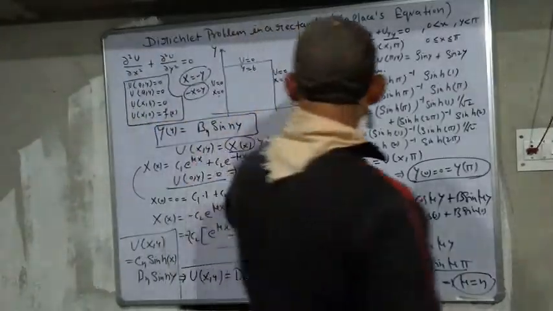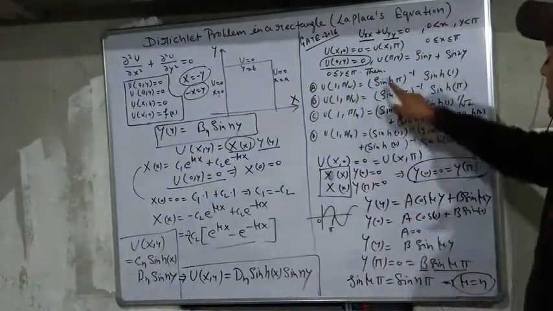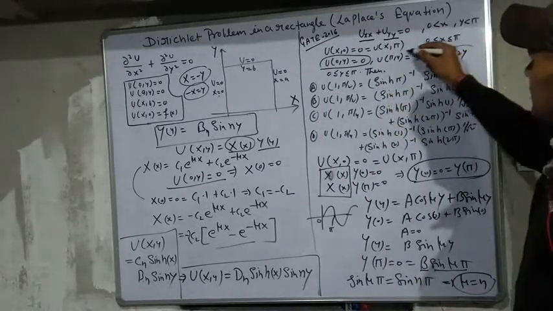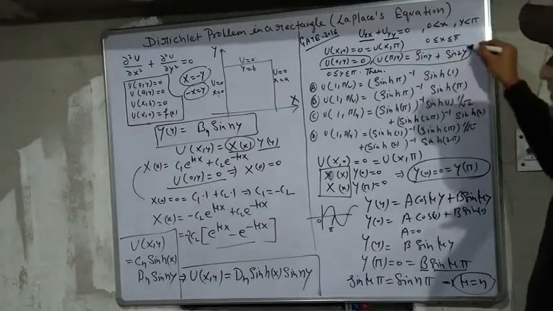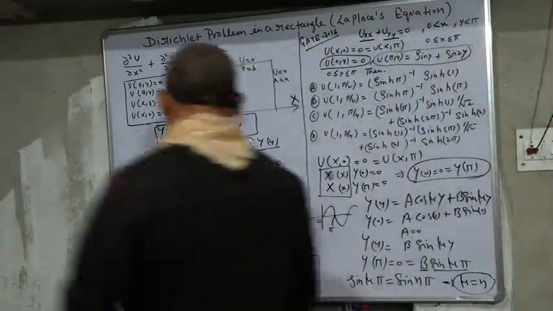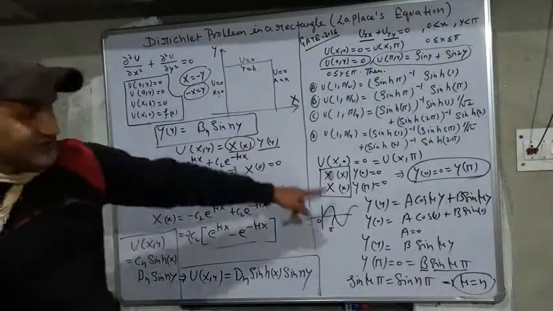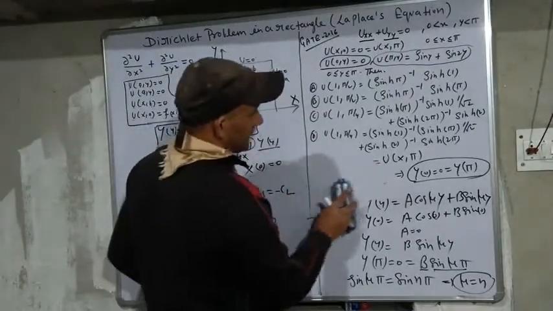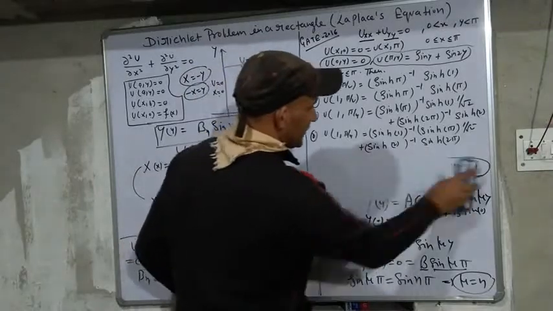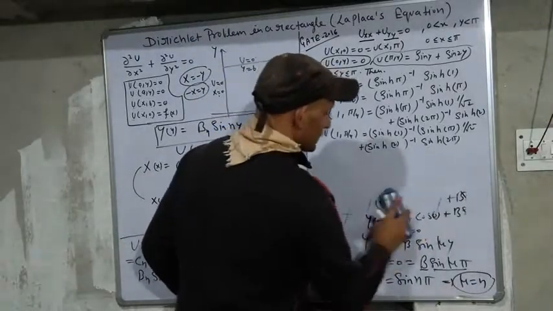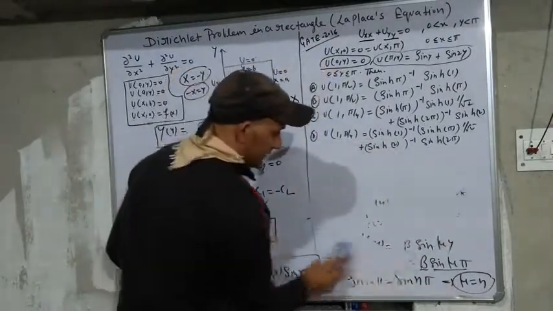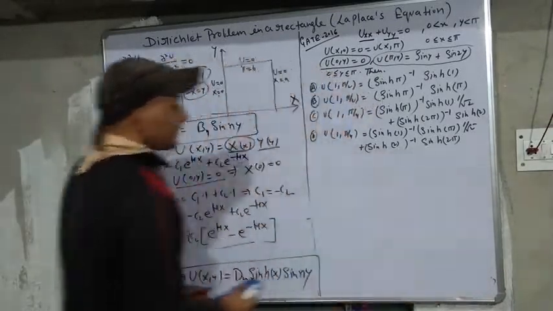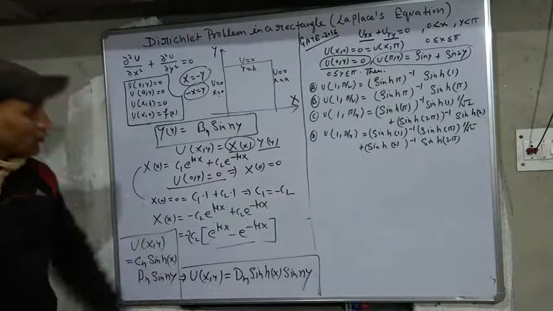Now we have to find, they have given us u(pi,y) is equal to something. Okay, so again I will erase it, because there is no space. So how to find it? u(x,y) is equal to this.